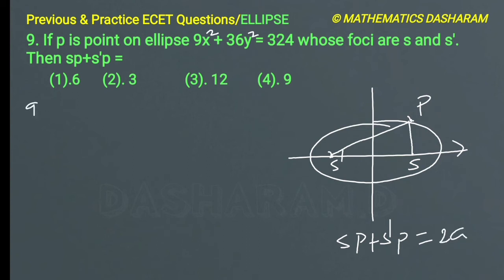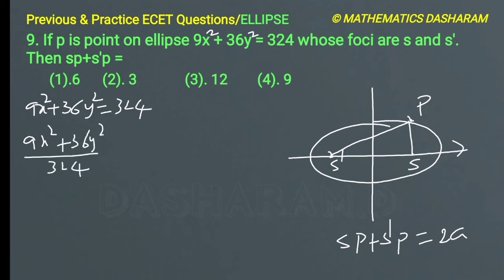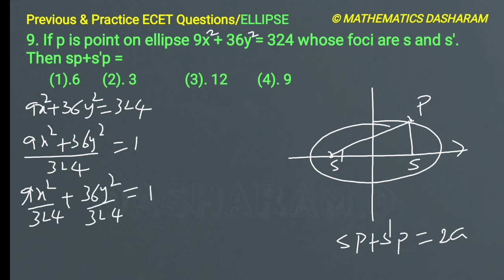So the given ellipse is 9x square plus 36y square equals 324. So then 9x square plus 36y square divided by 324 equals 1. 9x square by 324 plus 36y square by 324 equals 1. 9 ones are 9, 9 threes are 27, 9 sixes are 54.